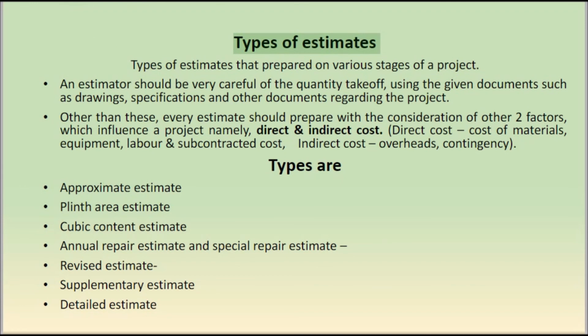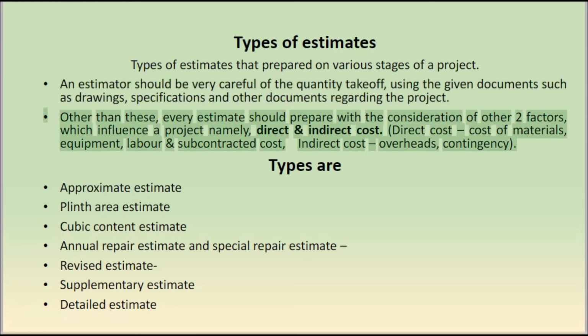Types of estimates. Types of estimates are prepared at various stages of a project. An estimator should be very careful of the quantity takeoff, using the given documents such as drawings, specifications, and other documents regarding the project.